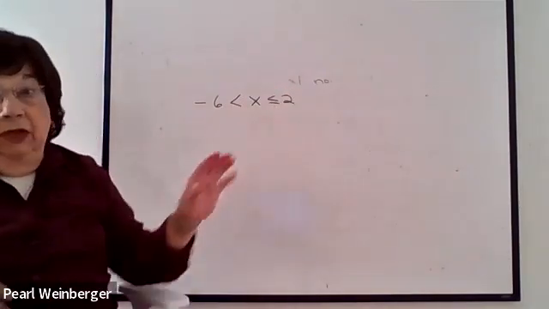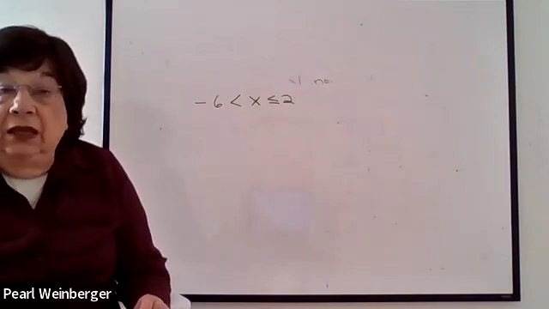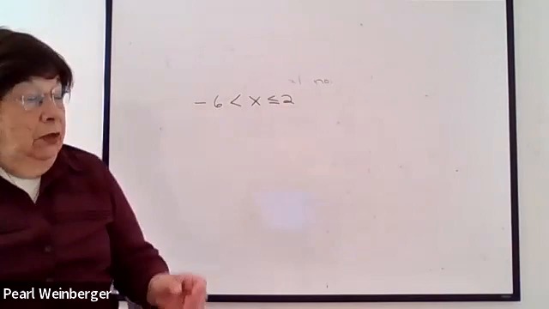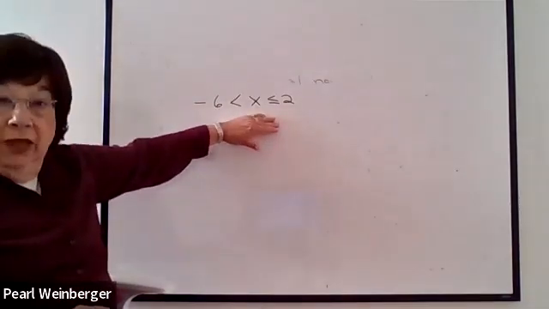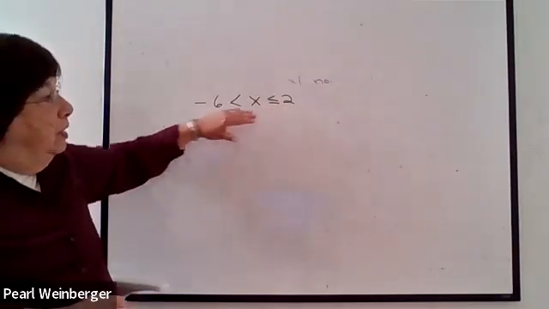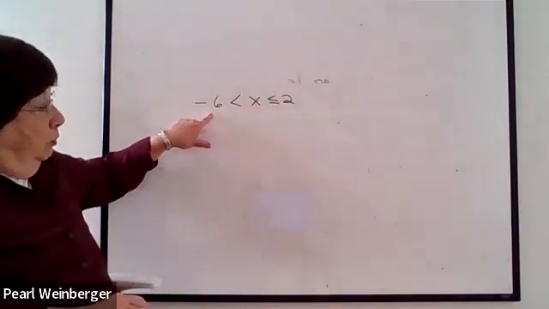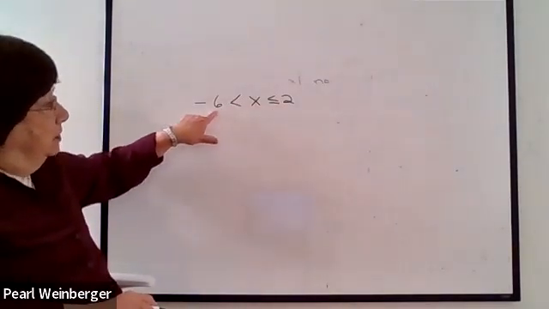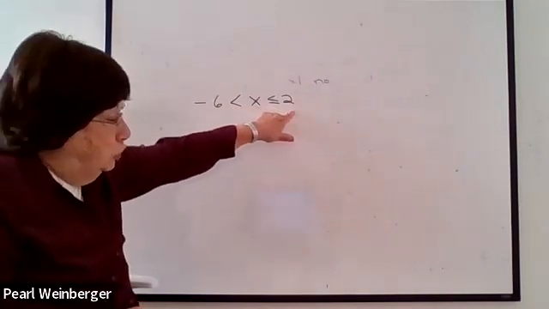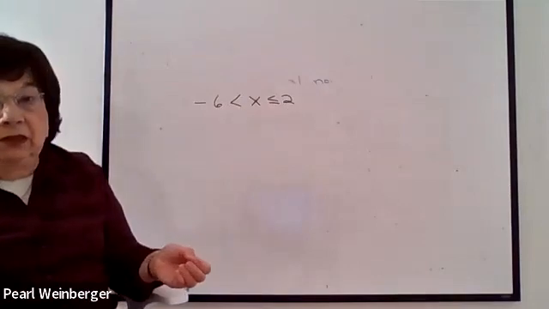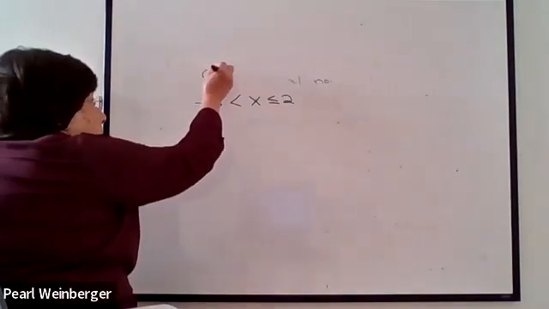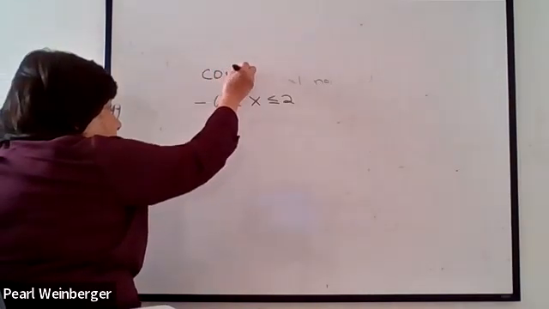This is something you'll never see in an equation, but occasionally when you have an inequality, we have something that's called a double inequality. I'm going to read it. -6 is less than x is less than or equal to 2. This is sometimes called a compound inequality.